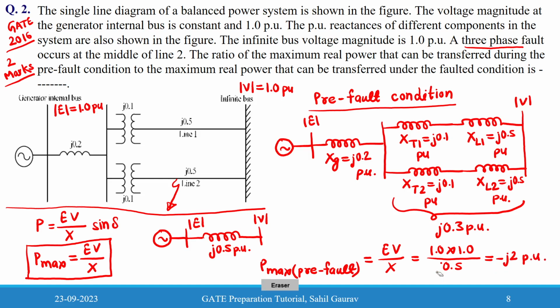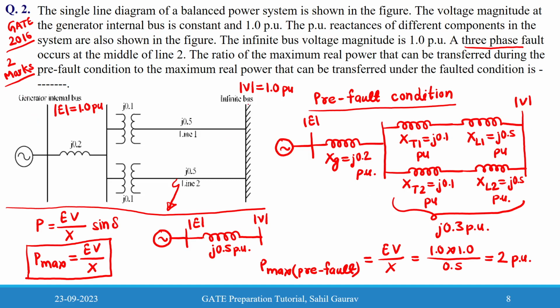We take the magnitude here, no need to be confused. So it is 2 per unit.